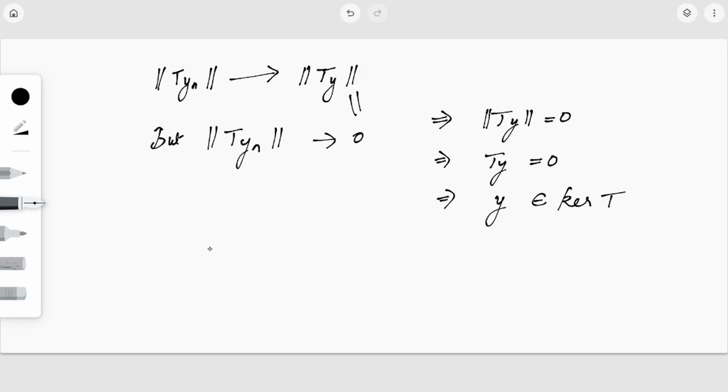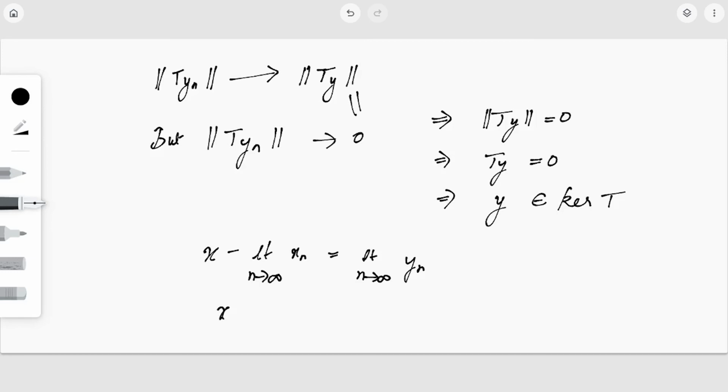Therefore, x minus limit n tending to infinity xn will be nothing but limit n tending to infinity yn. This we have just now seen, right? yn is x minus xn, so if I apply the limit on both sides, I get x minus limit n tends to infinity xn is equal to limit n tends to infinity yn.